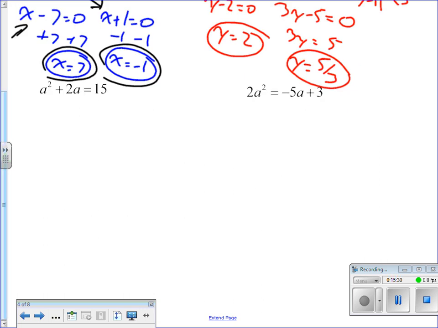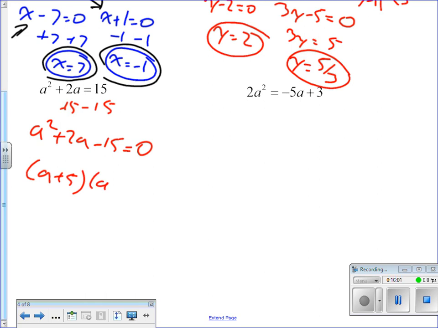Okay, bottom two. So this one is not equal to 0. Subtract 15 from both sides. A squared plus 2a minus 15 is equal to 0. Must be equal to 0 or factoring doesn't work. And then factor. Two numbers that multiply to give me negative 15 and add to give me positive 2.